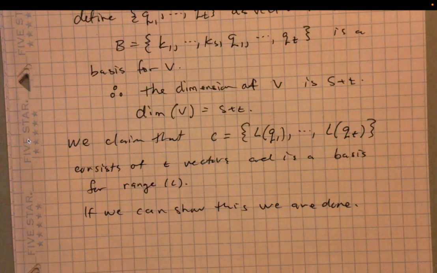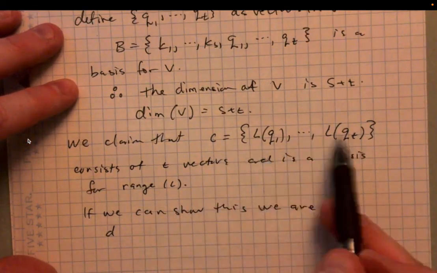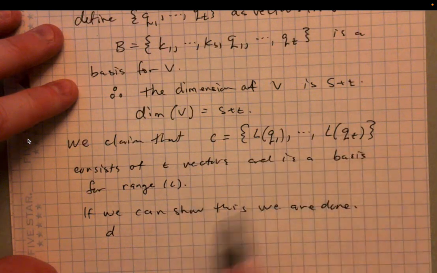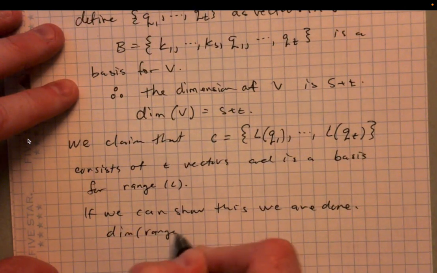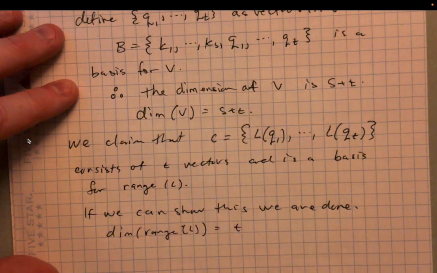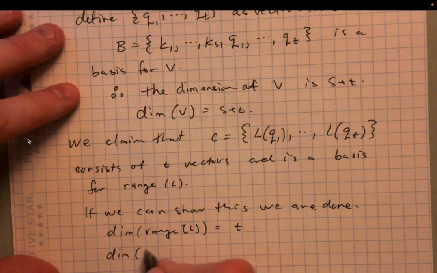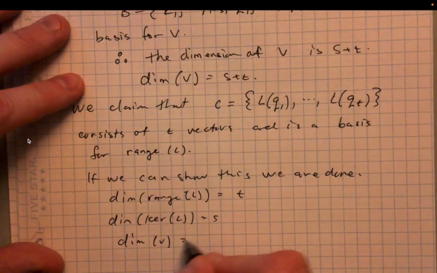We'll be done because if we can show that this is a basis for the range, then what we'll have shown is that the dimension of the range of L is equal to t, and we've already assumed that the dimension of the kernel of L is equal to S, and we also have that the dimension of V is S plus T.